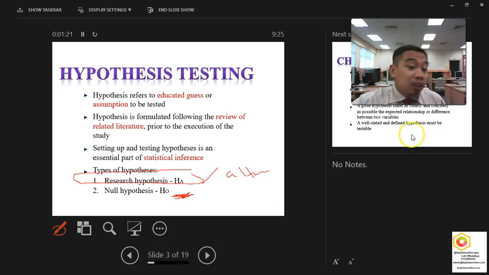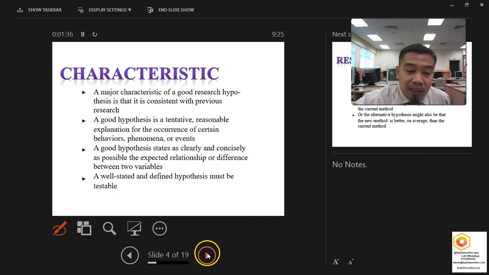Understand? So usually null is not spelled out in our thesis. But sometimes some formats need us to declare both, so up to you, you declare accordingly.